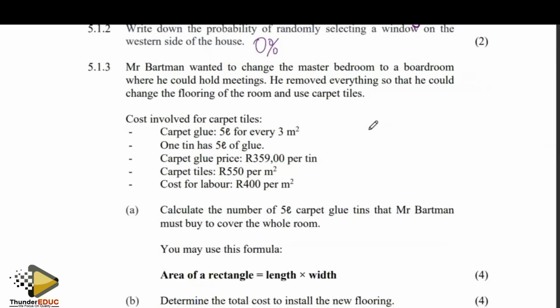Carpet glue, 5 liters for every 3 meters squared. One tin has 5 liters of glue. The carpet glue price is 359 per tin. The carpet tiles are 550 per meter squared. Then the cost of labor is 400 per meter squared.